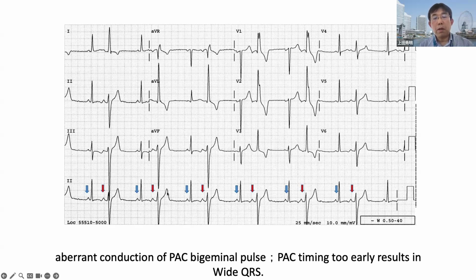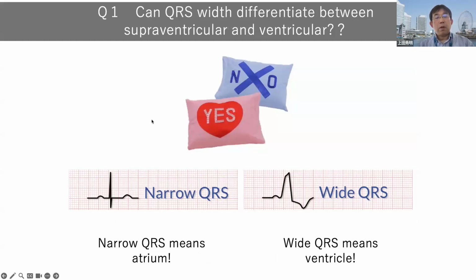The PAC timing is too early, resulting in a wide QRS here, which means that this is the normal pattern case, this is the abnormal pattern, but still the PAC is a little bit early, so it doesn't use the normal conduction. So always the conduction delay will happen, showing the wide QRS pattern. So narrow QRS means from the atria. Wide QRS means from the ventricles.